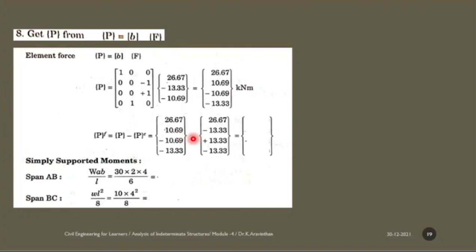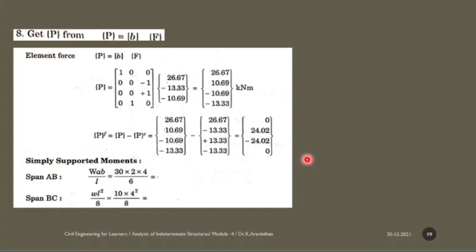And now you can subtract. 26.67 minus 26.67 will be 0 here. So subtract each and every parameter. 0, plus 24 and minus 24 and 0. This is your final force, and now your negative moment is over.